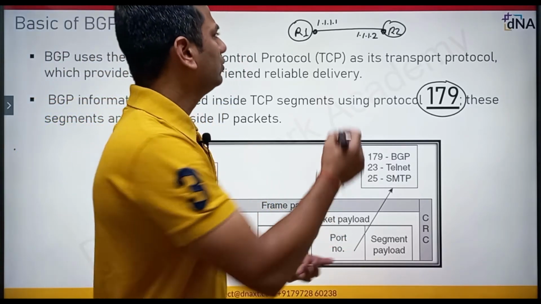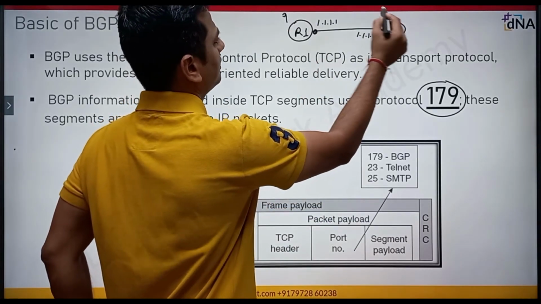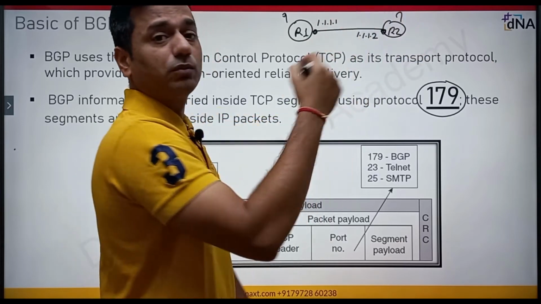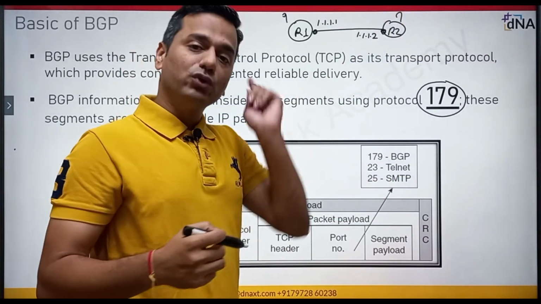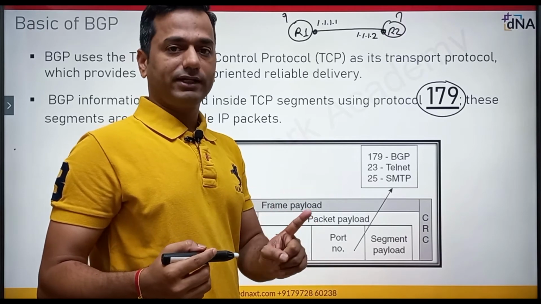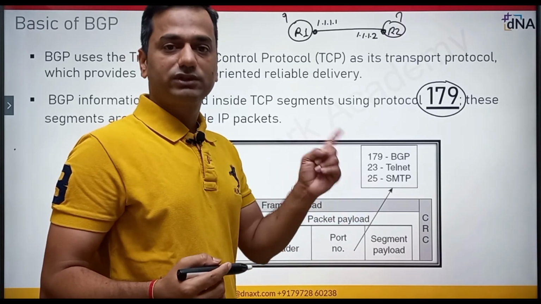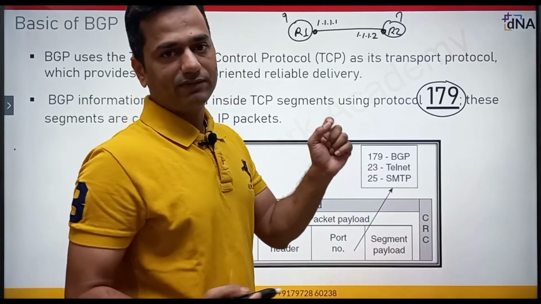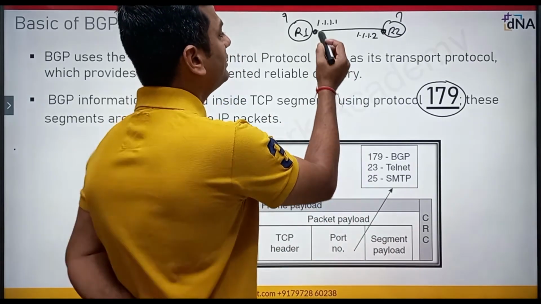But if you have loopback IP addresses, and you would like to form a neighborship from loopback to loopback, not directly connected, you can do that. But irrespective of loopback to loopback or directly connected, BGP always uses TCP and port number 179.